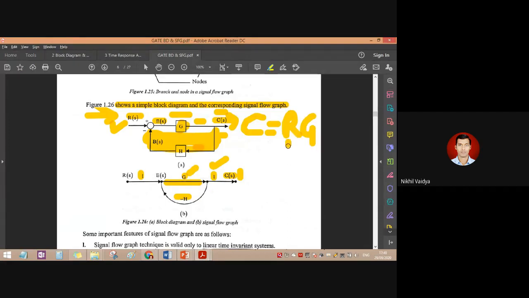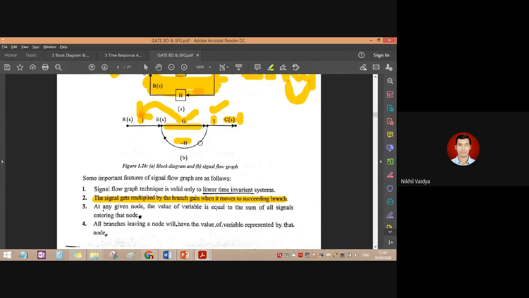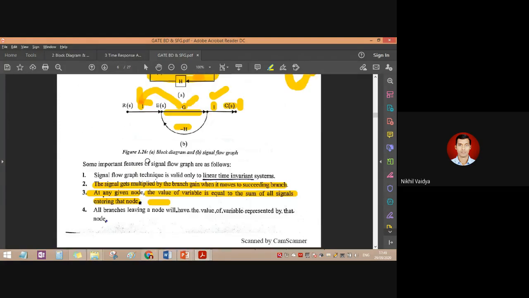So basically we had multiplied the block with the previous input. We had multiplied blocks, but now we are going to multiply their gains because we don't have blocks here. At any given node, the value of the variable is equal to the sum of all the signals entering the node. Yes, this is our KVL in electrical engineering.